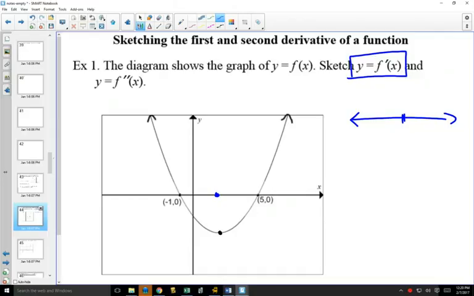So you might remember that we would have had a sign diagram like this. We would have plugged a value into our derivative and got it to be negative. This would have told us that our derivative was less than 0 and our function was decreasing from left to right. And then we would have plugged in a value after this blue point and found out that our function was increasing.